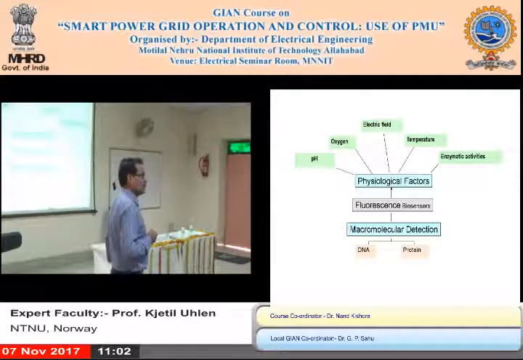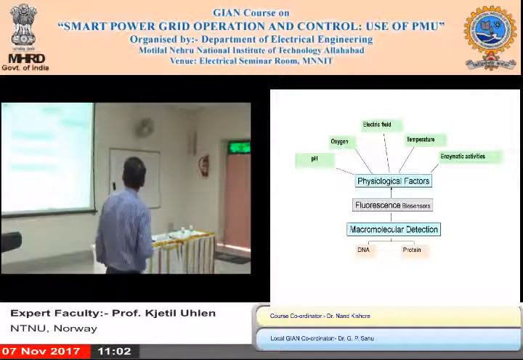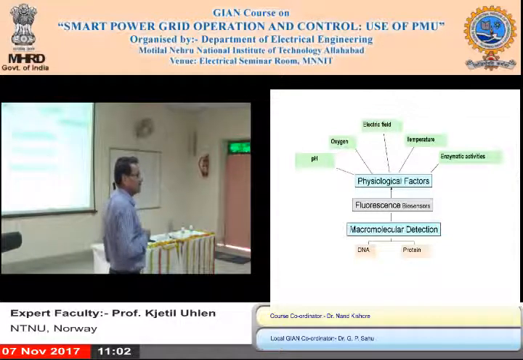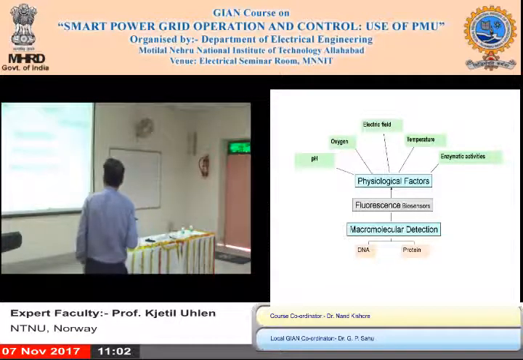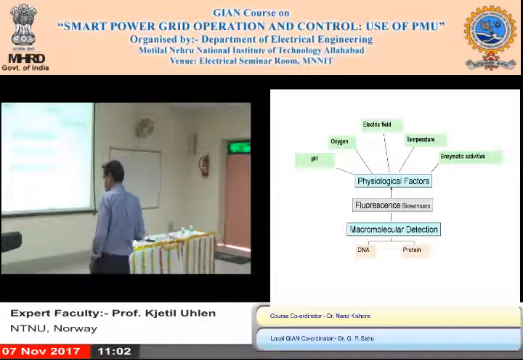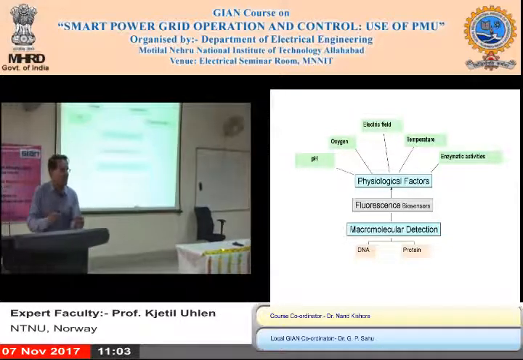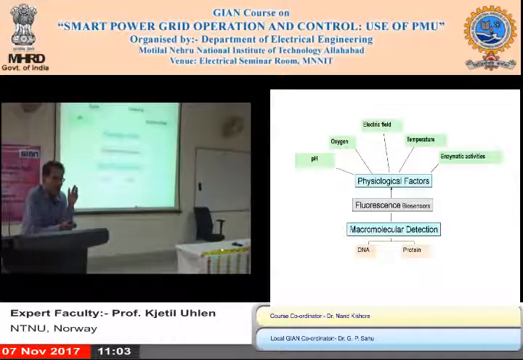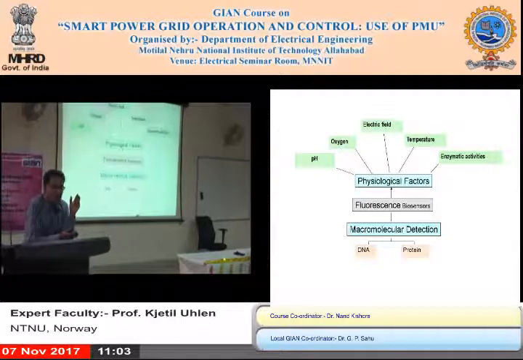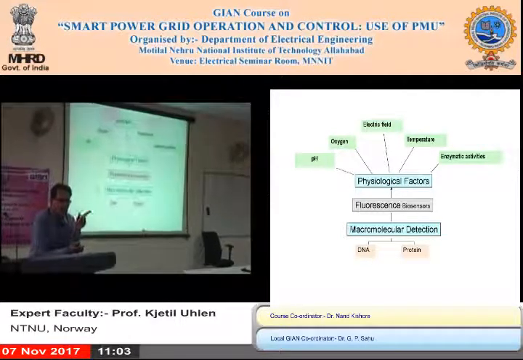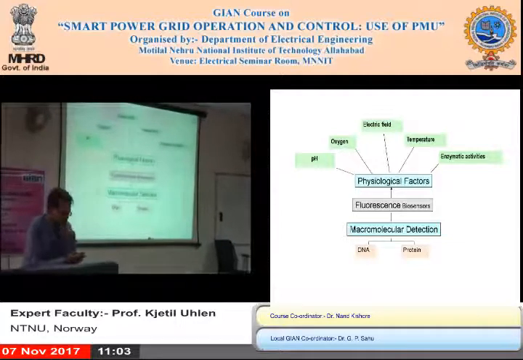Temperature dependence. You can also monitor enzymatic activity. You can make them responsive to certain enzymes. So you can design dyes to sense all these. And again, as you will see in the nano case, the beauty of nano is that in the same nano platform, you can put different dyes to sense different things. Okay?